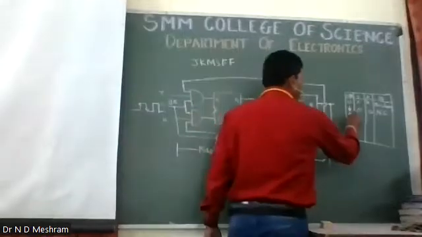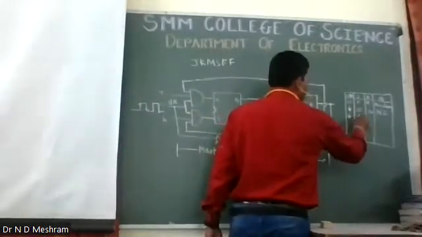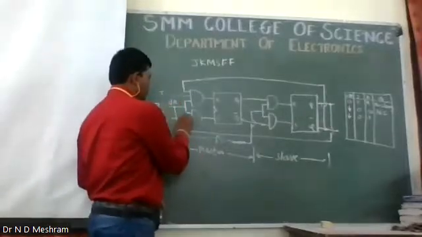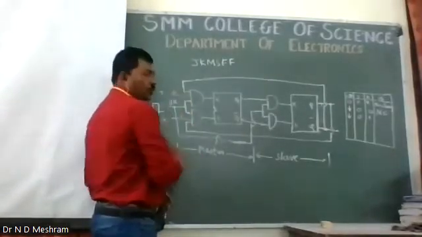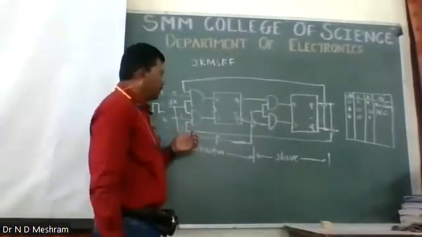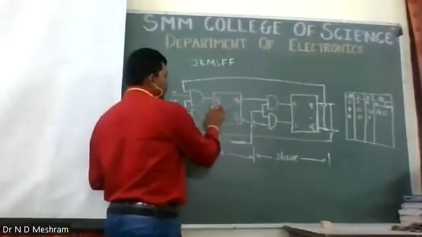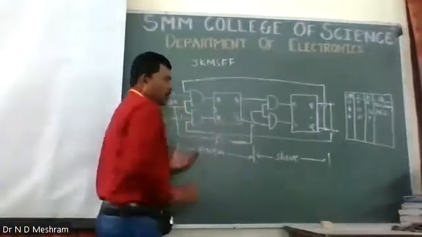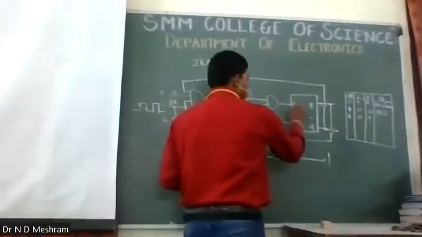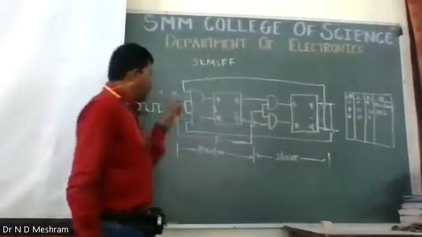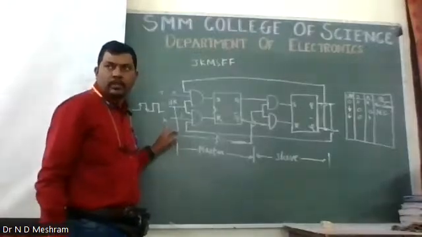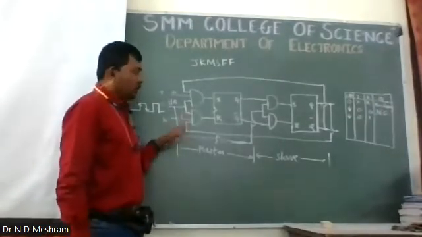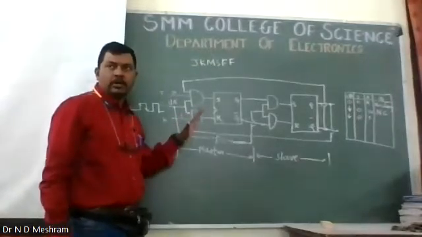Second, when we have 0 and 1, K is 1 and J is 0, right? So this should be S and this should be R. Yes, this is S and this is R. So when J equals 0 and K equals 1, in this situation we will have three conditions.